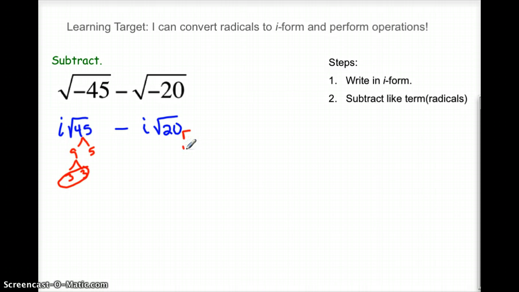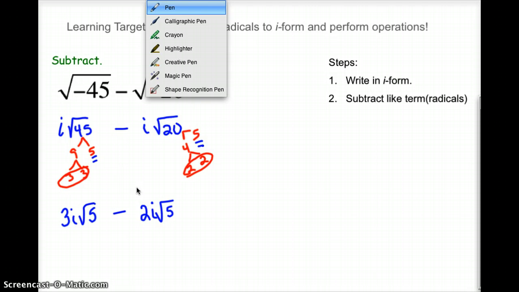And I'm going to go with 4 and 5. Okay, so for that first radical, a 3 will come out with the I, and we'll have radical 5 left over because that 5 was left behind. Minus a 2 that comes out, so 2I radical 5 because he had a 5 left over too.